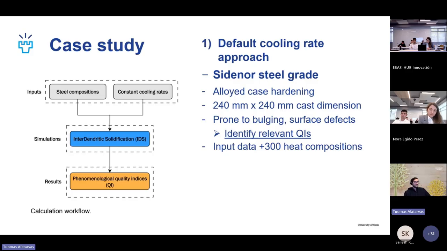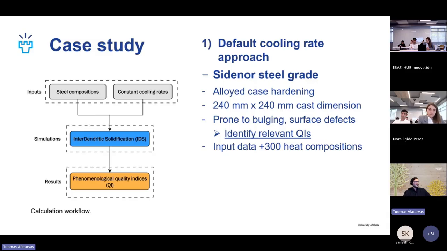The objective here was to identify relevant quality indices for this steel grade. The input data included more than 300 heat compositions, and those were all calculated with the IDS software.